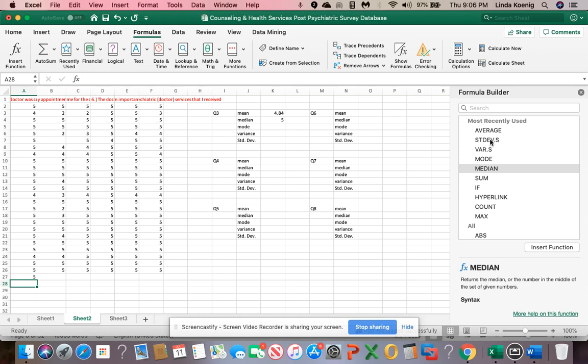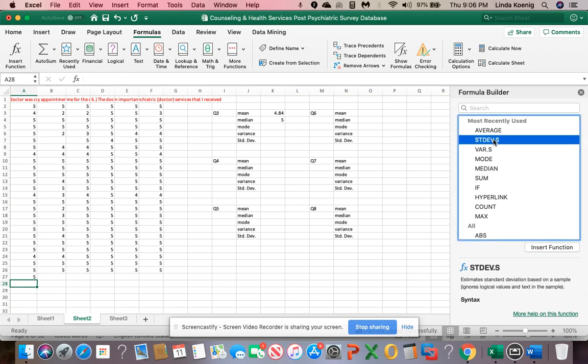I'm going to use standard deviation.s because I am allowing this data to represent the sample only. This was a convenient sample, and it would not really be reflective of the population, which would be standard deviation.p. P is for population, S is for sample.